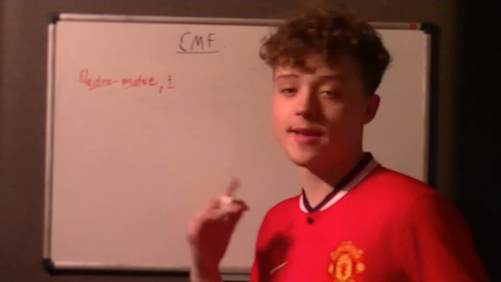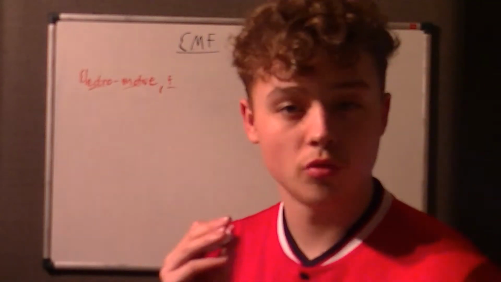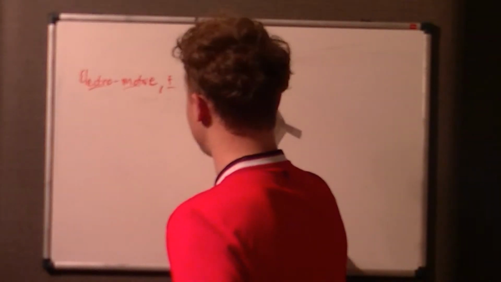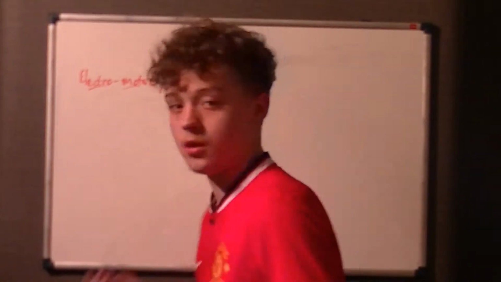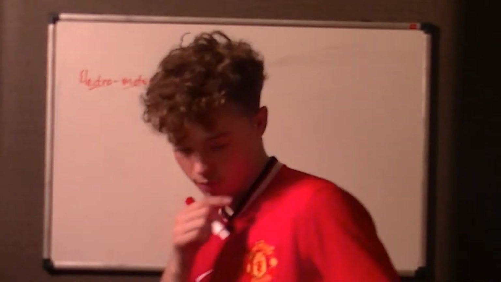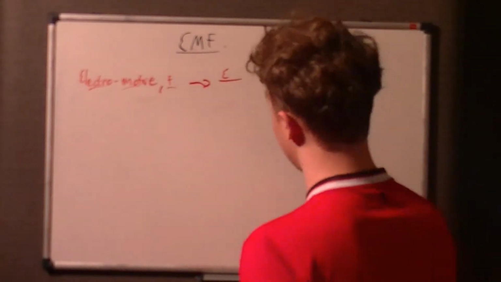Right. So, what is electromotive force? Well, it's the electrical energy produced per unit charge. And you should be starting to think a little bit about what an equation could look like. So, if it's electrical energy produced per unit charge, then the formula is going to be the total amount of electrical energy produced over the charge.